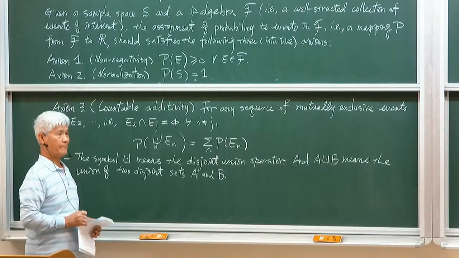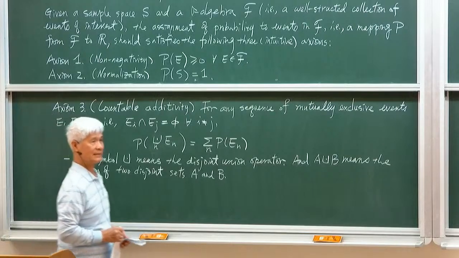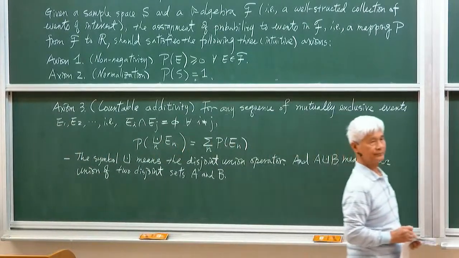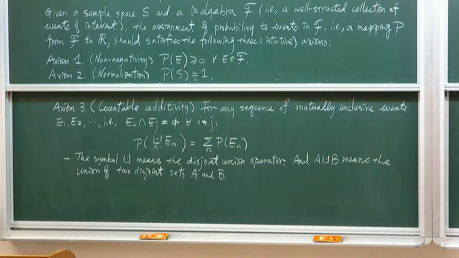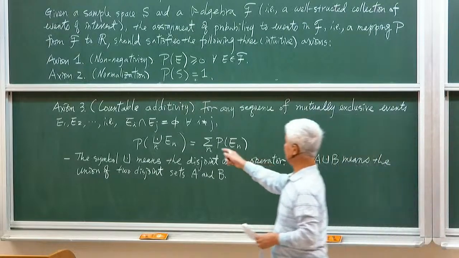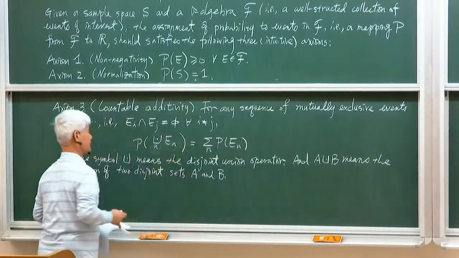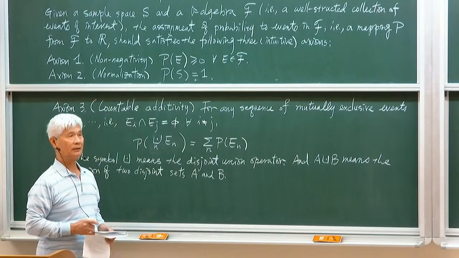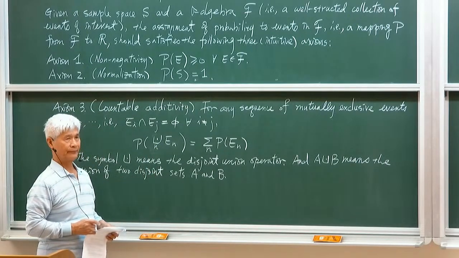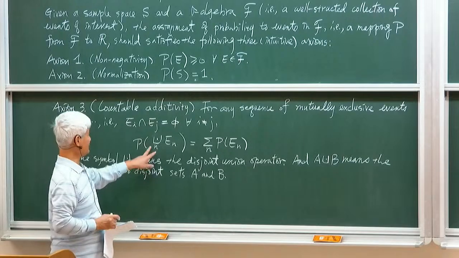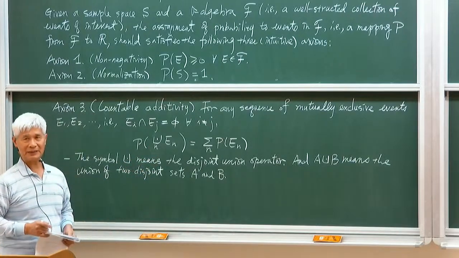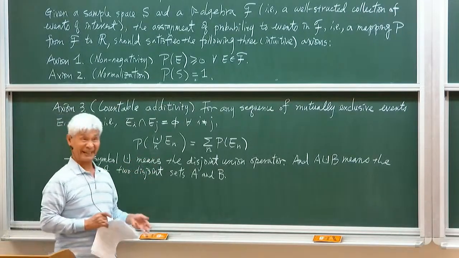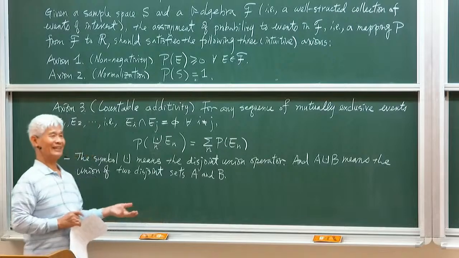Yes, please. So the dot means that it is mutually exclusive? Yeah, that's the meaning. All the sets in this union are disjoint from each other. This symbol sometimes simplifies our notation.